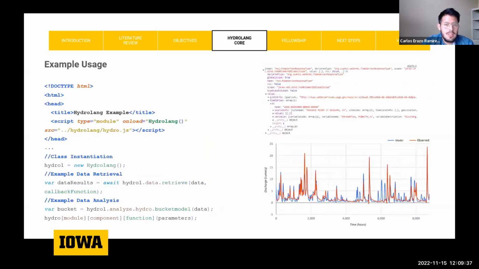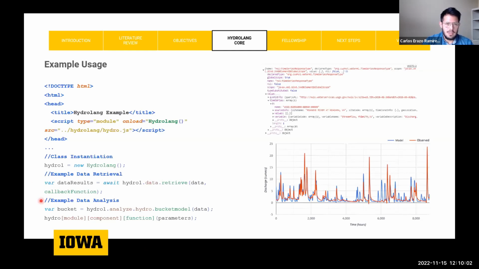So, an example of usage. Specifically, as I said, it is served into a website, right? So this is mainly for applications that are running on the web browser. Thus, it is required as a module. Once it's loaded, it is used as a variable. This variable contains all of the functionalities.